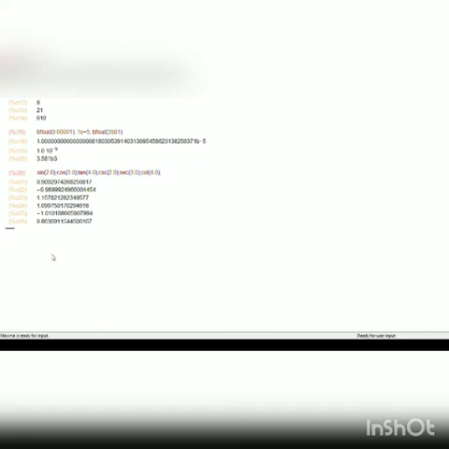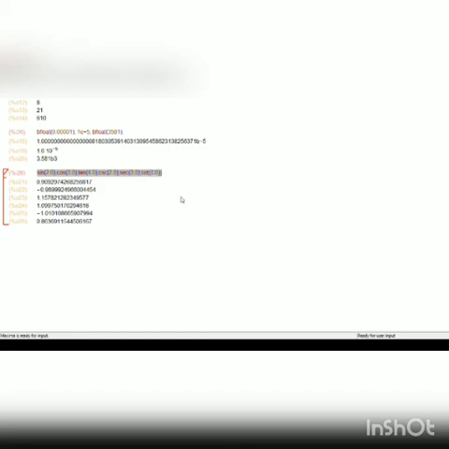Similarly, you can find the values of inverse trigonometric functions. How are you going to find sine inverse of 2? You have to give asin. Cos inverse, acos. Tan inverse, atan. Cosecant inverse, acsc. Secant inverse, asec.